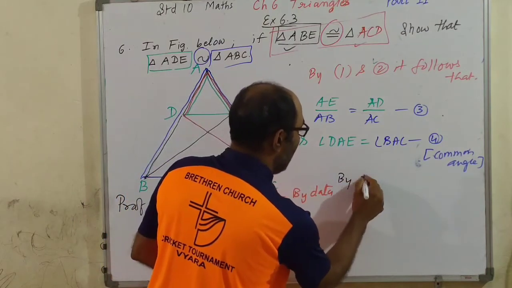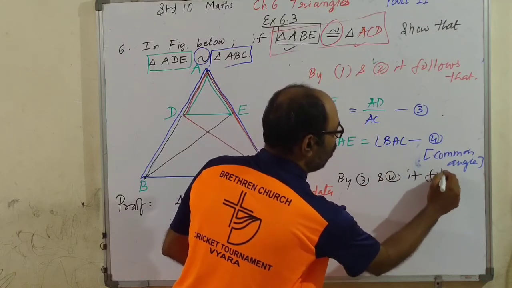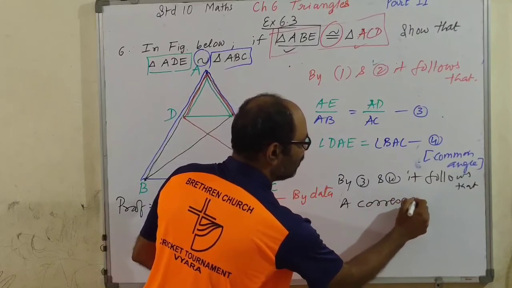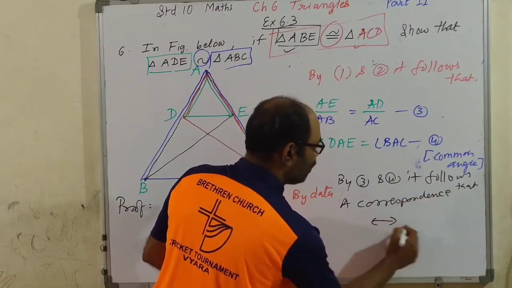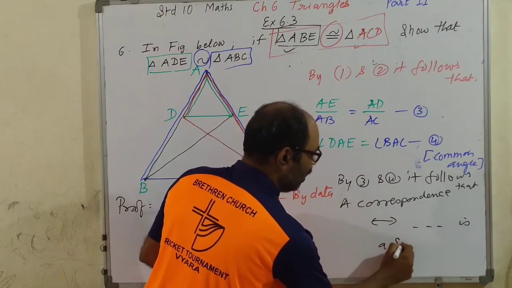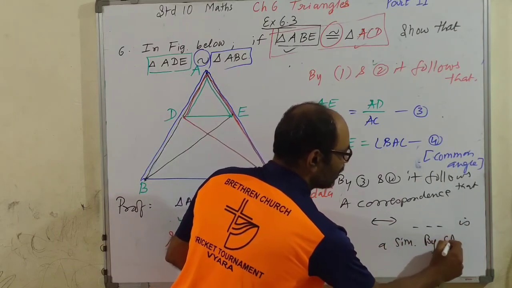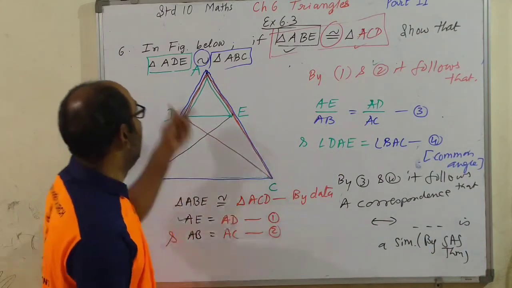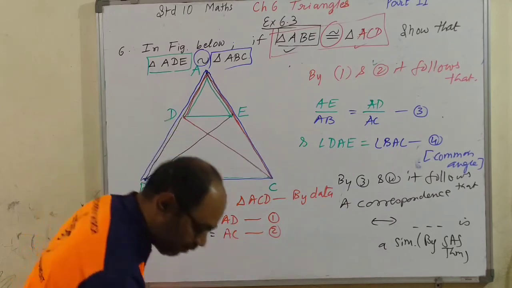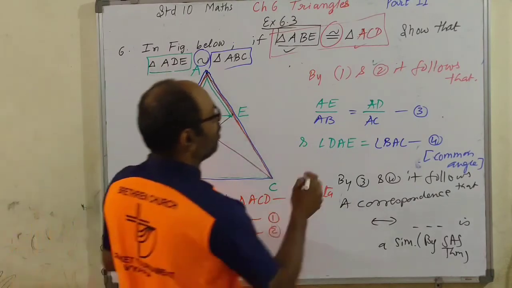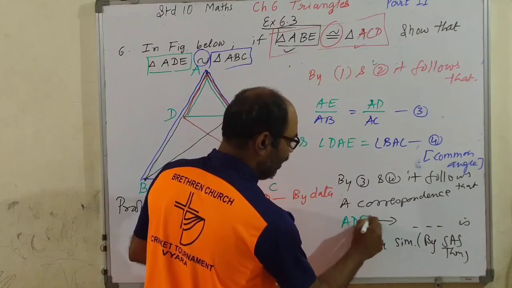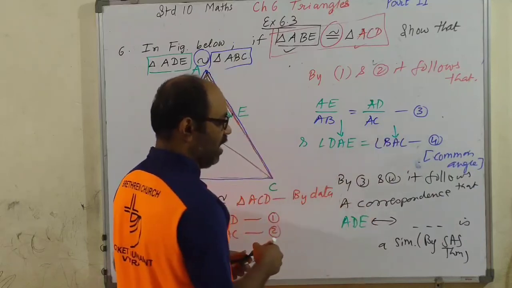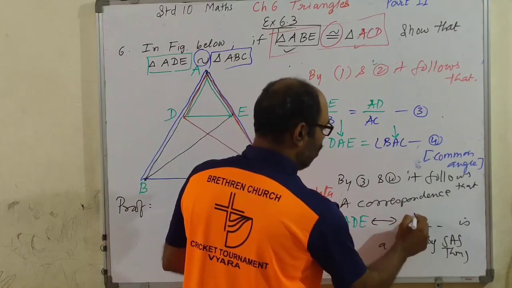By 3 and 4, it follows that a correspondence, well, I'll write this correspondence dash dash dash is a similarity by SAS theorem. Correct? On the left hand side, that green one, ADE, so I'll write ADE. Any angle? Yes, A corresponds to A, so A will be in the first order.